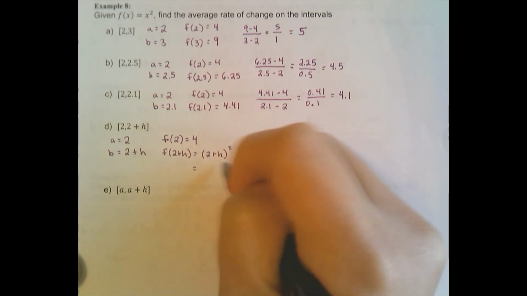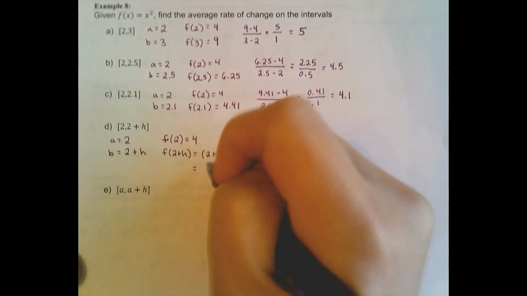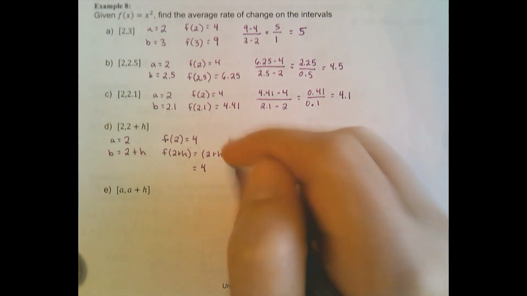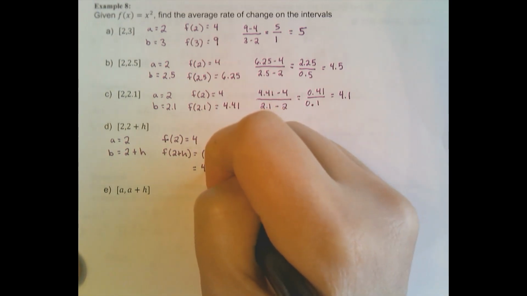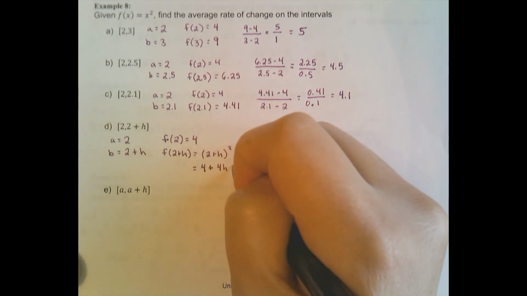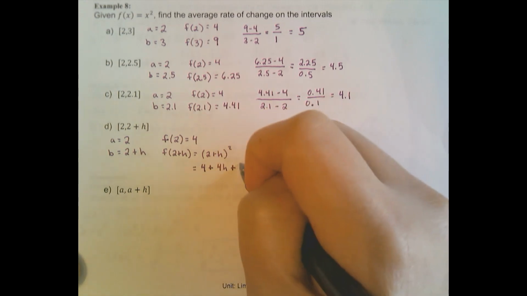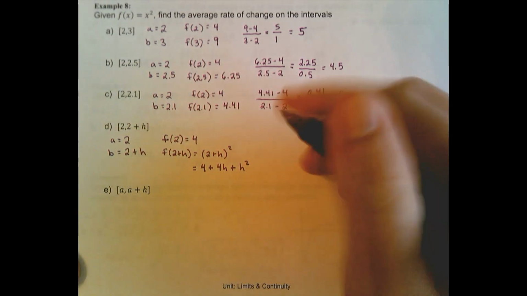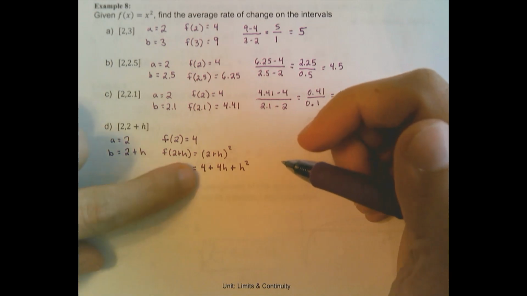And if we expand that out into a polynomial, our first terms are 2 times 2, our outside and inner terms add up to 4h, and then our last terms when we multiply via FOIL is h squared.